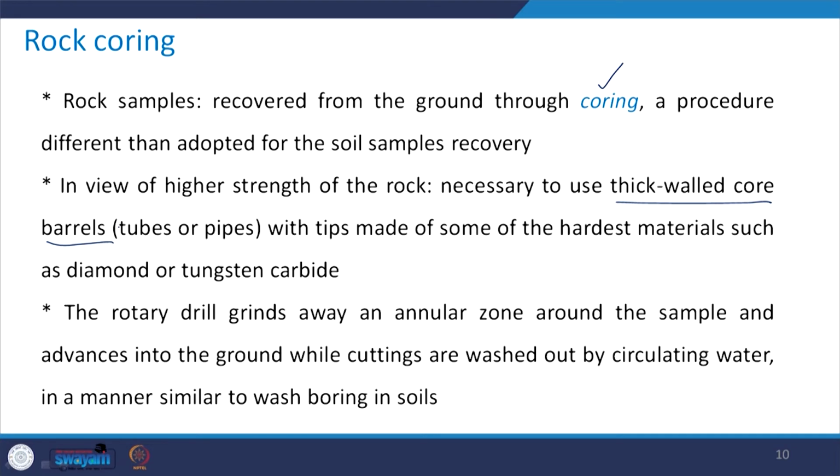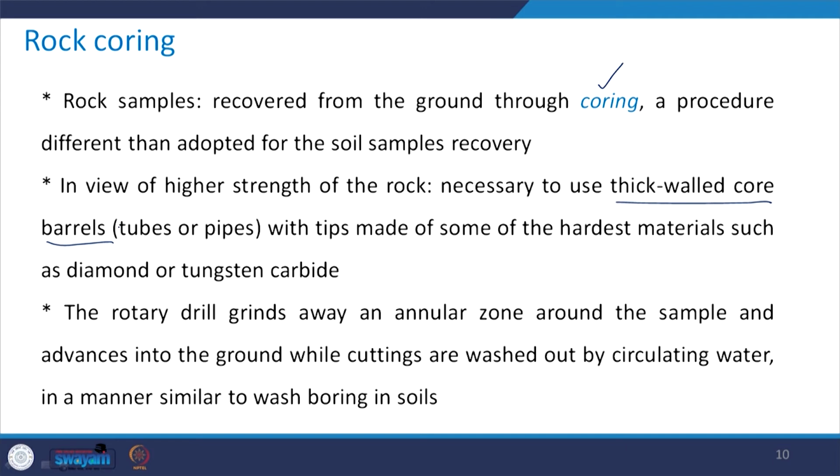These are tubes or pipes, and they have a tip made of some of the hardest materials such as diamond or tungsten carbide. Can you recollect the Mohs hardness scale? The hardness of diamond on the relative scale was 10.